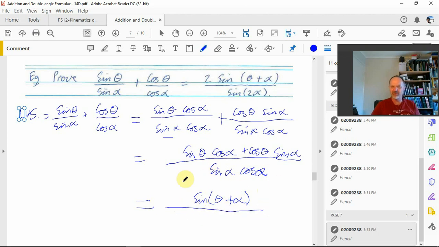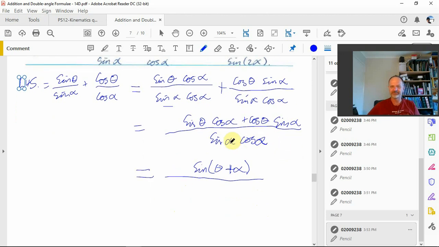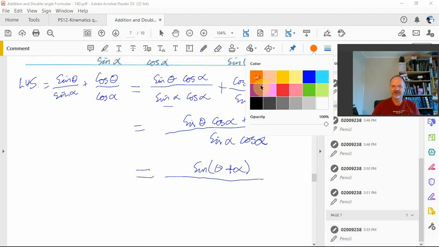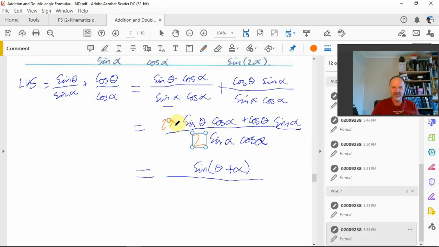Now, this bottom one here is very much like the sine double angle formula. And the sine double angle formula is 2 sine cos, isn't it? So if I had a 2 here, 2 sine alpha cos alpha, I would have the double angle. Now, I can put a 2 there provided that I multiply the top by that as well.